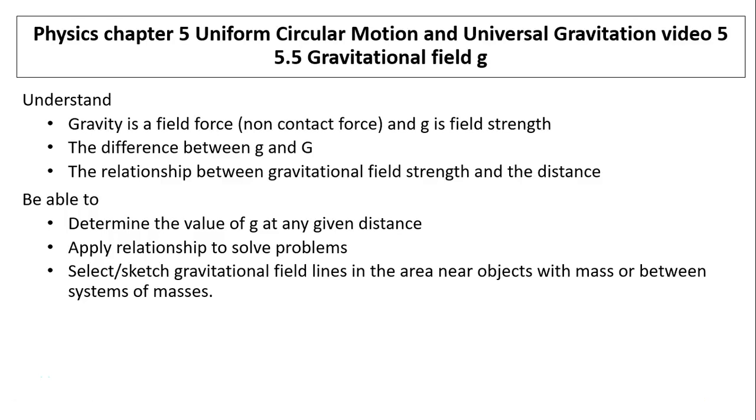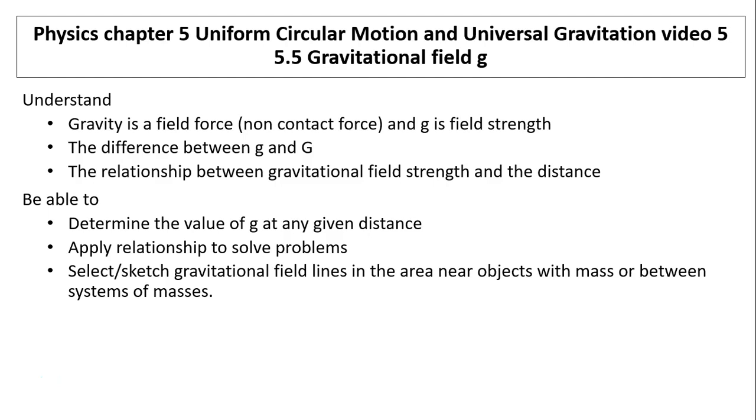This is Physics Chapter 5, Uniform Circular Motion and Universal Gravitation, Video 5. Today's topic is gravitational field strength, g. The objectives are to understand gravity is a field force. That means it's a non-contact force, and g is the field strength.